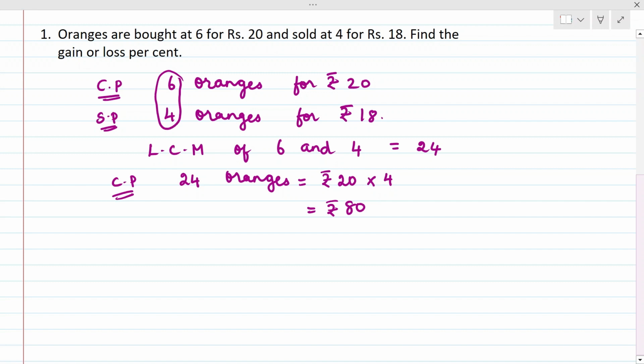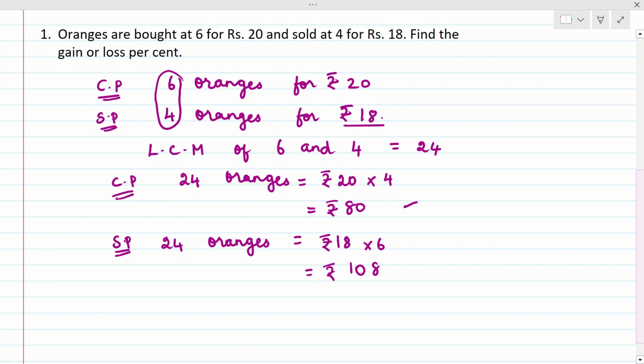Same way, selling price. 24 oranges selling price we have to find out. Already we know 4 oranges selling price is rupees 18. 4 into 6 is 24. So here we have to multiply it with 6. We will get 108 rupees.